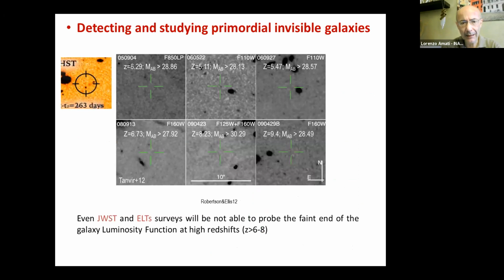If you have a look here at these 6 images, on the top left, you see the fading afterglow, as I mentioned, the residual of the explosion that is fading and disappears. So if you point a very sensitive telescope to the direction of this very high redshift gamma ray burst, after the afterglow fades away, you see nothing. These are images taken by the Hubble Space Telescope, so one of the most sensitive optical facilities.